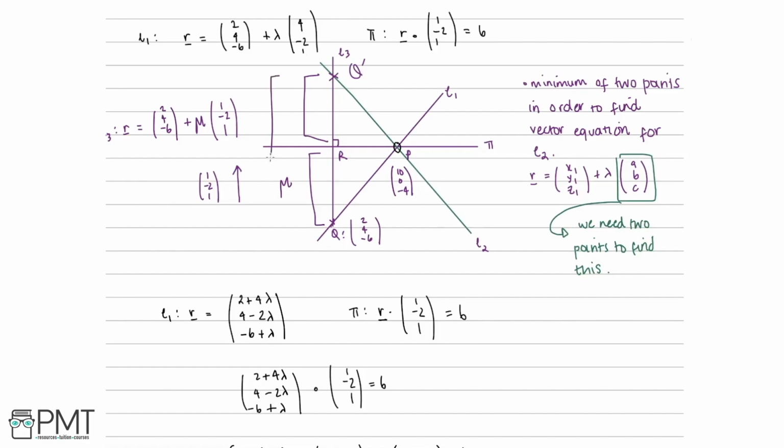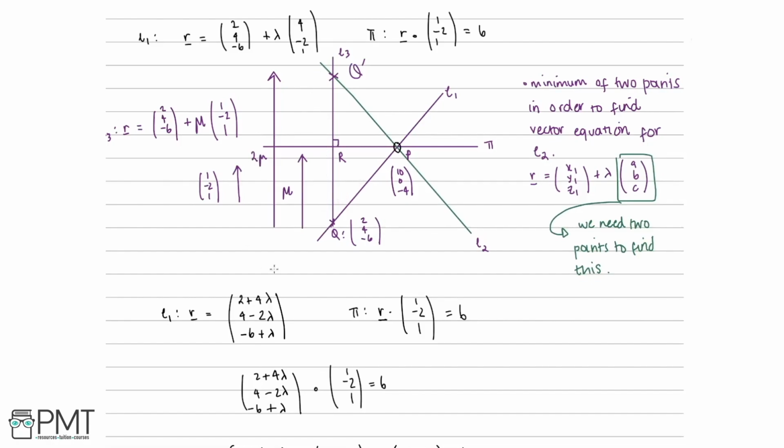So this entire length here will need an associated value of 2 mu. This direction vector over here will have some associated value of mu, and we can double this direction vector to get to this one over here, which will have an associated value of 2 mu, because once again, this length is the same as this length.